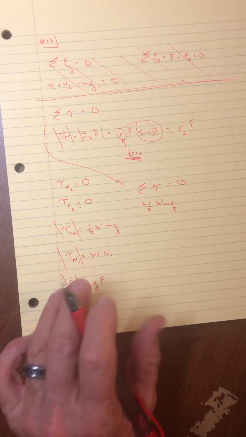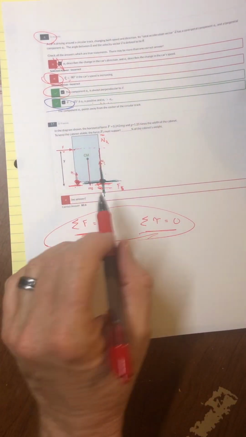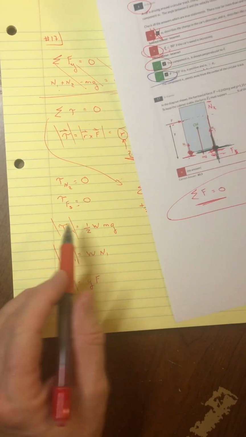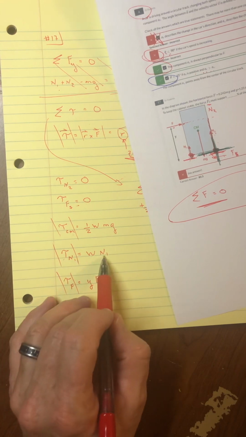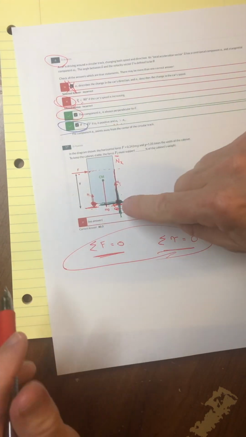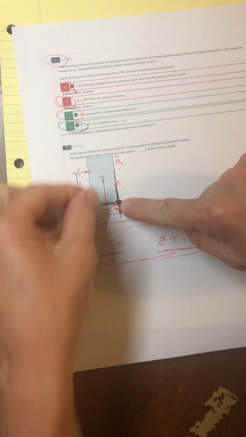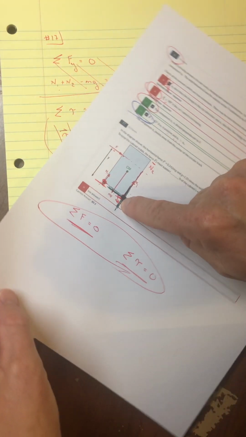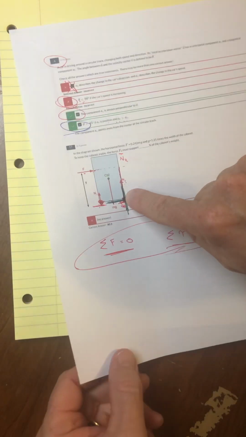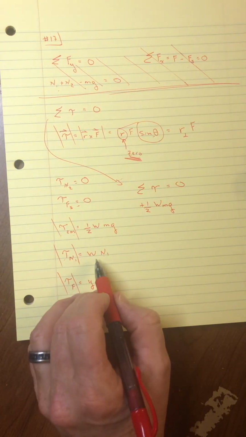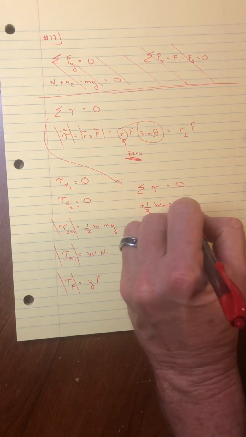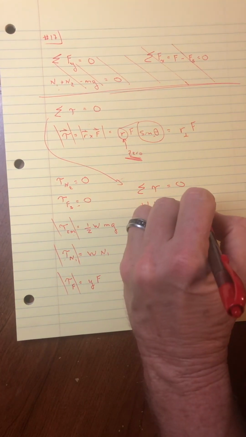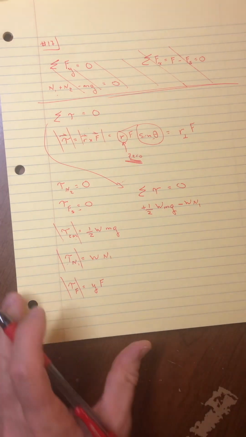And then number 2, N1, so our second torque from N number 1 here, would be, again, if you kind of hold it there and imagine me pulling up, so it would make the paper rotate like this. Okay, and so that's a clockwise rotation. So I'd say that's a negative torque. So negative width times N1.